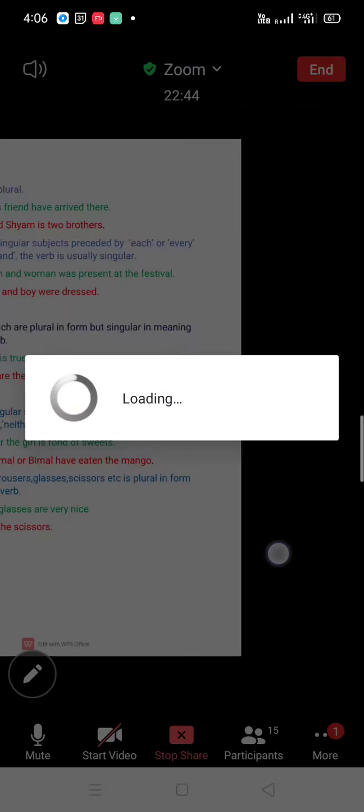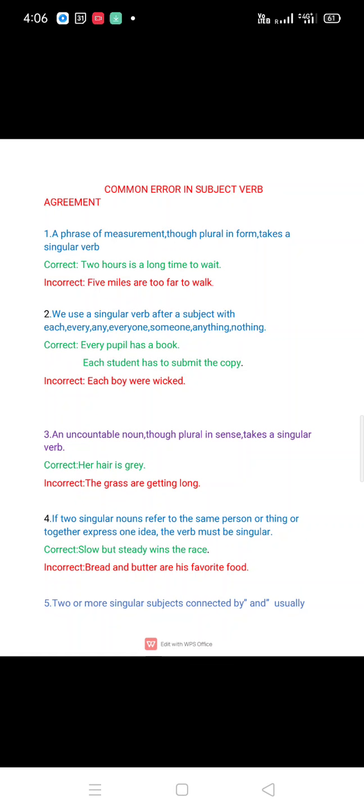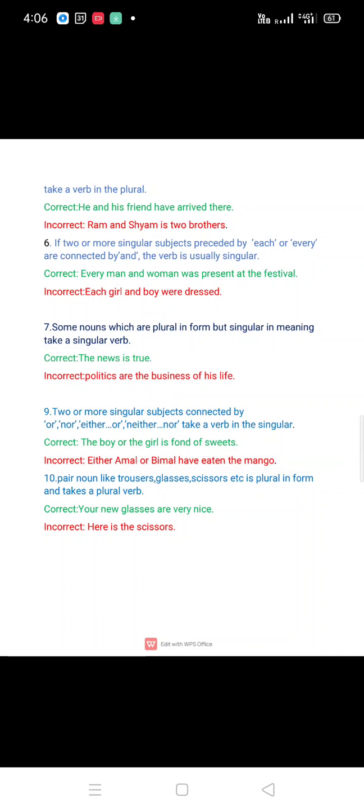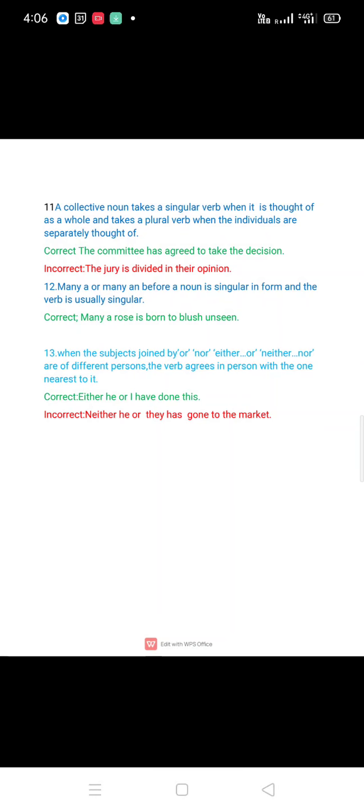Okay, so these are errors regarding subject verb agreement. Now we will move on to common errors regarding preposition, after that tense also. Okay, so do you have any confusion regarding subject verb agreement? Regarding any rule, any point you can say, any example? These are very common mistakes.